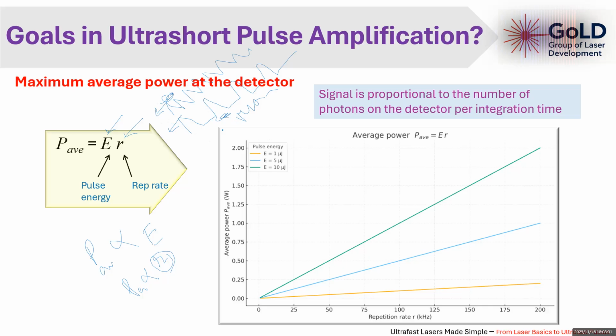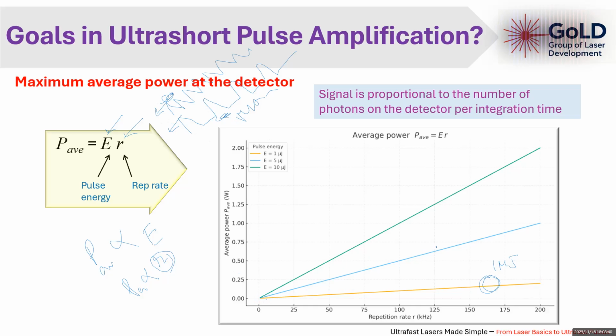Okay, and the plot on the right side also shows the repetition rate versus average power. At different energies, 1 microjoule, 5 microjoule, 10 microjoule, it is plotted. You can see the repetition rate is increasing here in the case of 1 microjoule, and the average power is also increasing, even though it's a little increase.